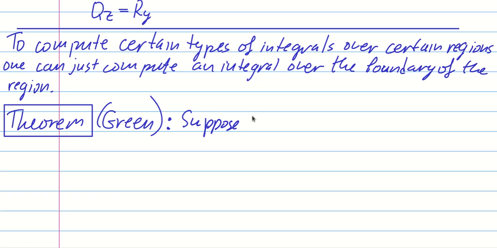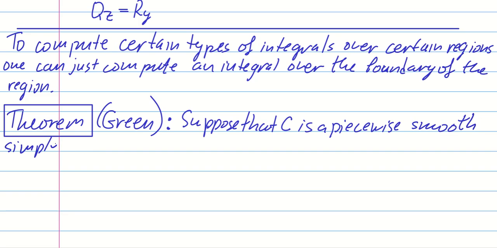Suppose that C is a piecewise smooth, simple, closed curve.